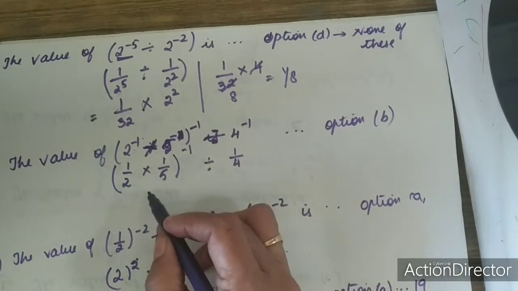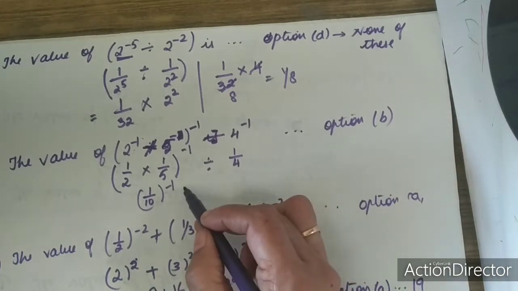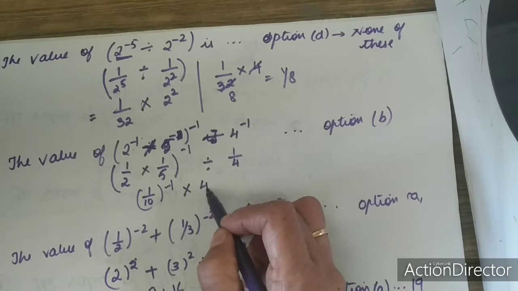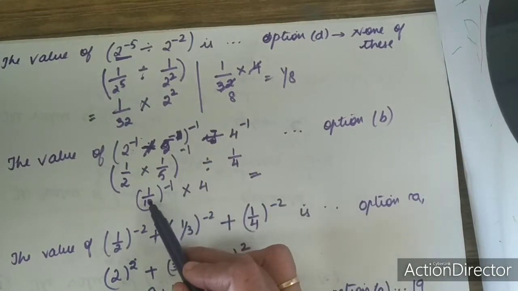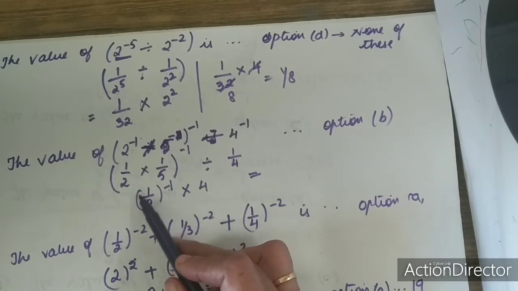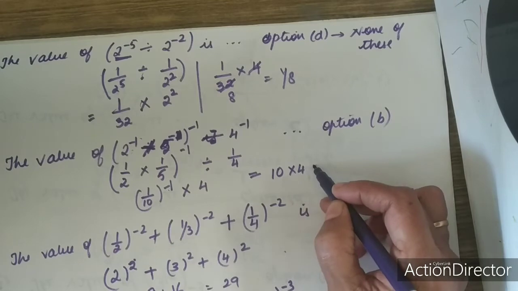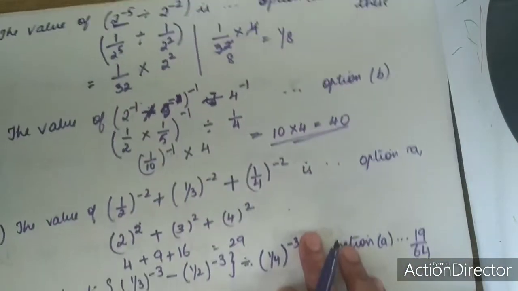Now this is (1 upon 10) whole power minus 1. This division symbol is converted to multiplication sign, so 1 upon 4 will become 4. So this is equal to, again making the power positive, 10 power minus 1, reciprocal of 1 upon 10 will be 10. So 10 into 4 is equal to 40. So my option B is right.